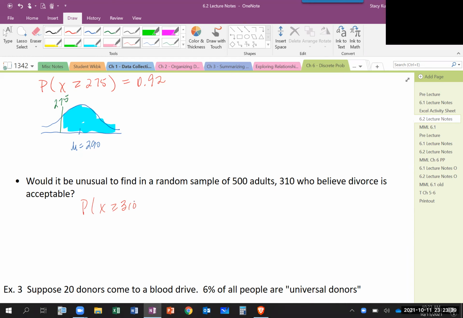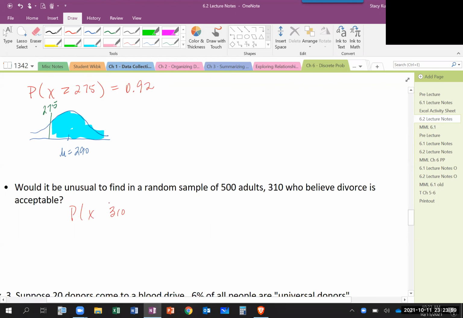It's just equal to 310, right? In this statement, it says 500 people, what's the probability 310 of them believe divorce is acceptable? I'm not giving a range. I want to know 310, that's it. So we would instead put an equal sign here.